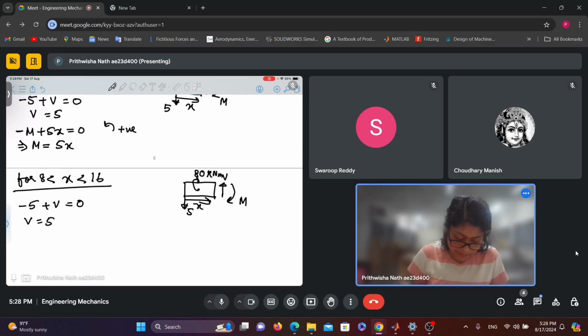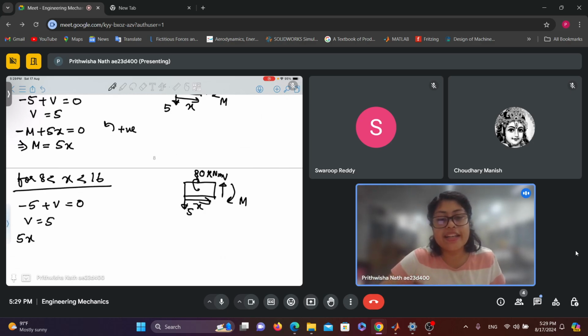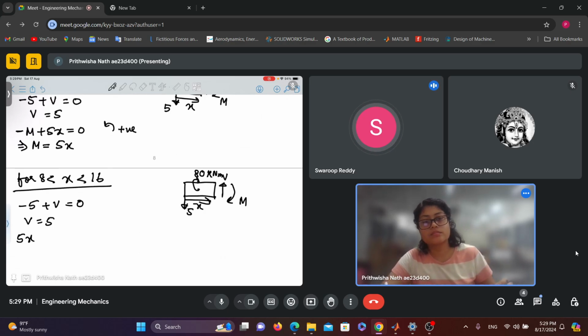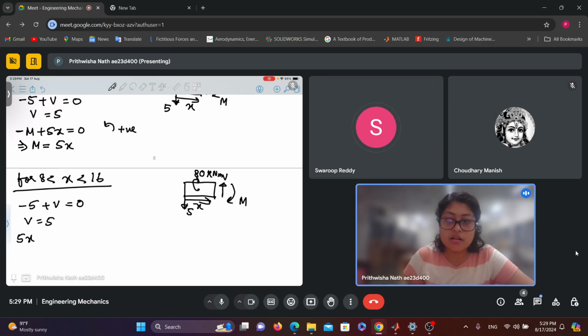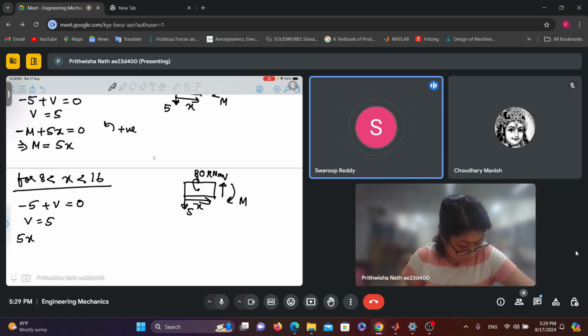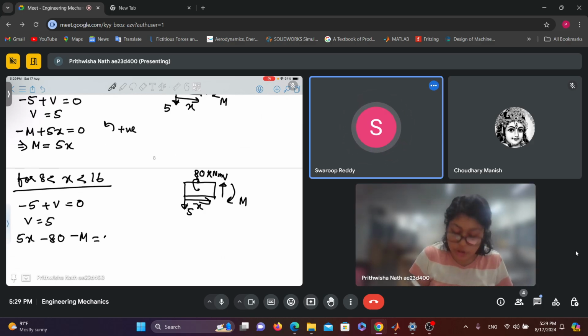And for the moment equation, 5x. The 80 is in a clockwise or anti-clockwise direction? Clockwise. So it should be minus or plus? Minus. Okay. Minus, and this should be again minus M. Now you understood, right?